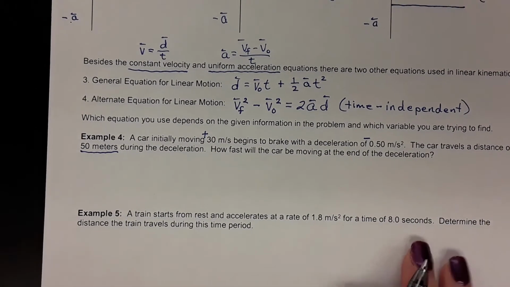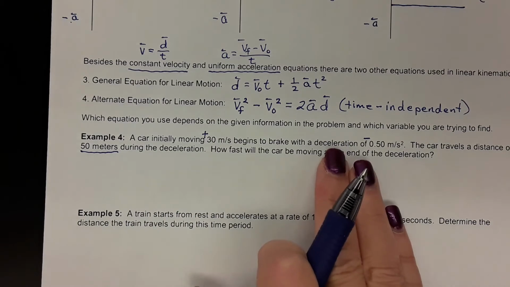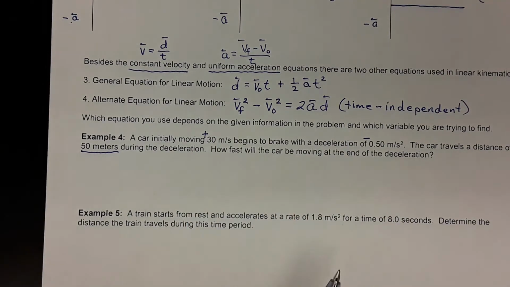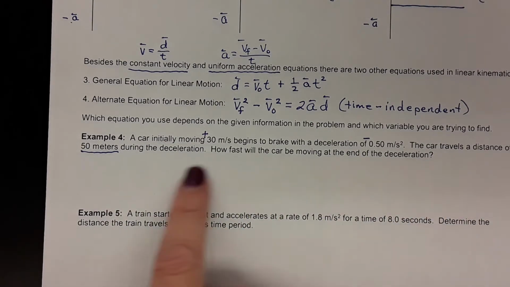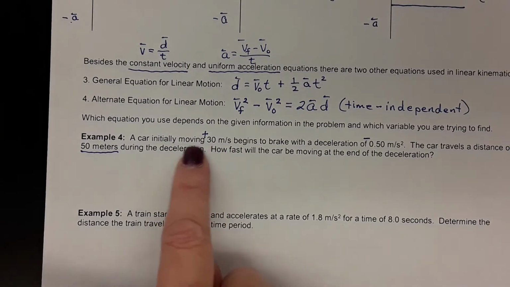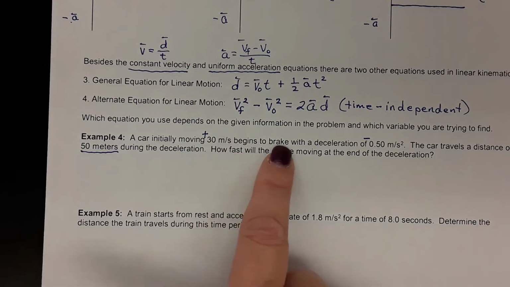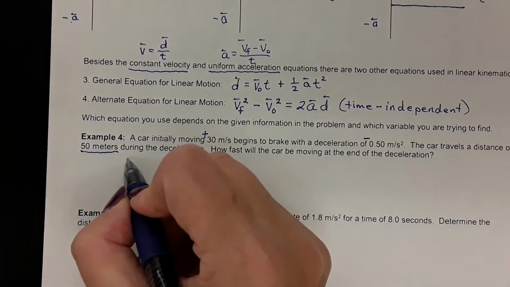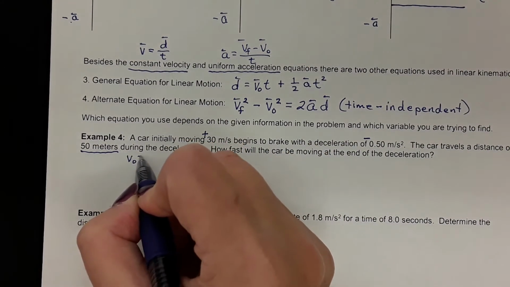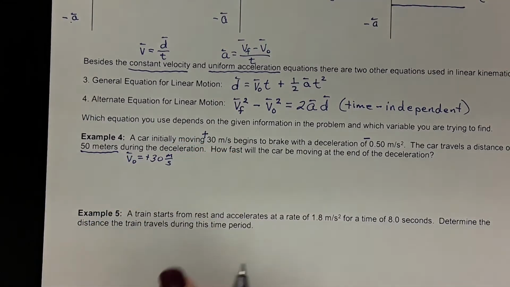We've read the problem. Our object of focus is the car. We can see it's decelerating from an initial velocity. And we need to go through a process here. So the first part is you look for numbers that you can identify. We have the car already moving at 30 meters per second and it begins to slow down. So this would have to be v_o, positive 30 meters per second.